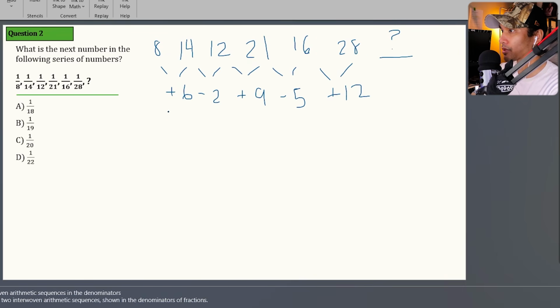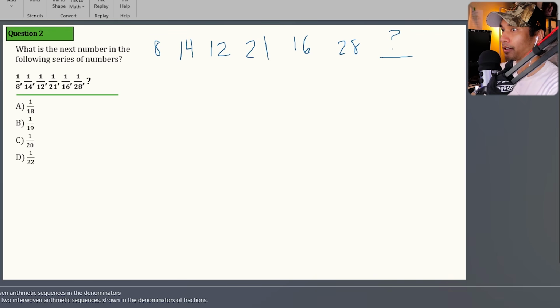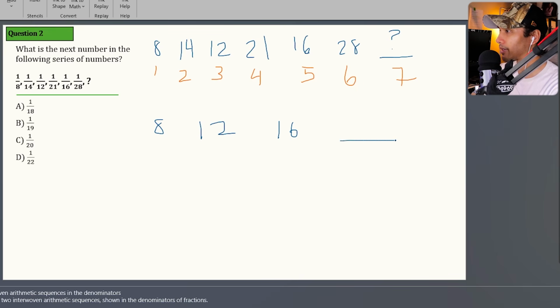So the first sequence, which is the odd sequences, I'm going to erase these over here and we're going to start over. Okay. The odd sequences, 1, 3, 5, and we're trying to figure out 7. And then we have 2, 4, and 6. So I'm going to write the odds, right? 8, 12, 16, and we're trying to figure out this one.